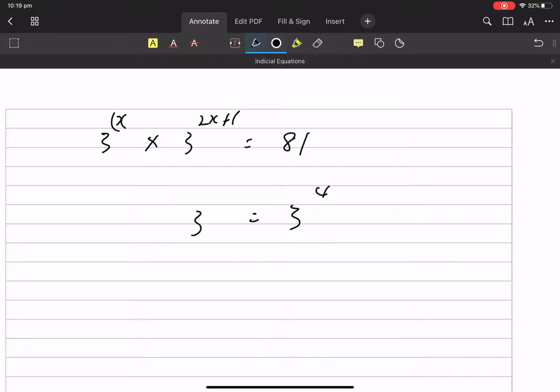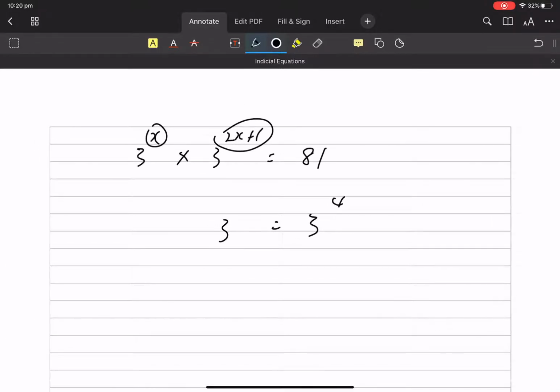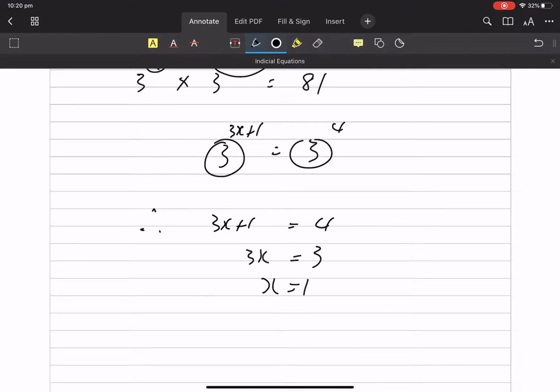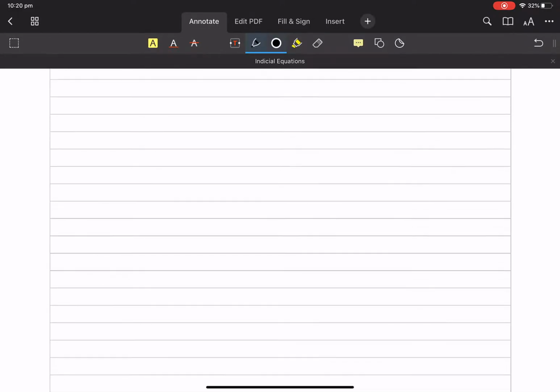We're multiplying like bases, so we add powers. What's x plus 2x plus 1? Once we get to this stage, because our bases are the same, we can go therefore 3x equals 3, x equals 1. So it's not really all that hard. We're just getting like bases and getting an answer.